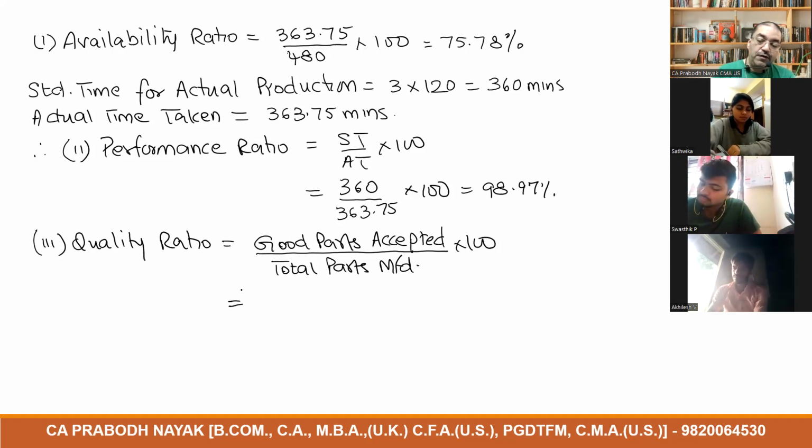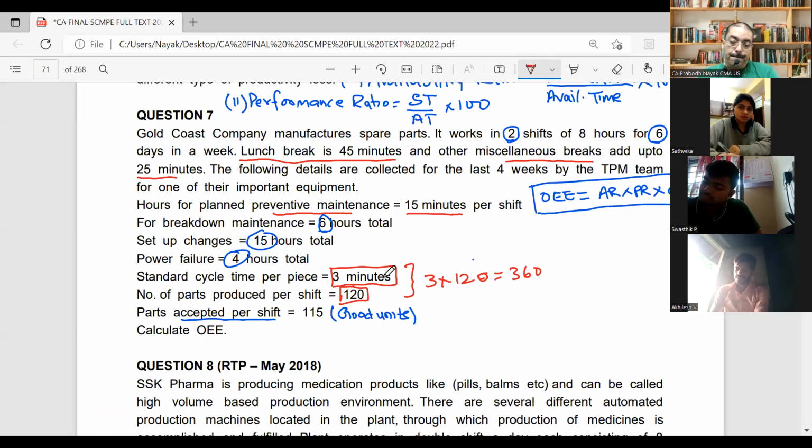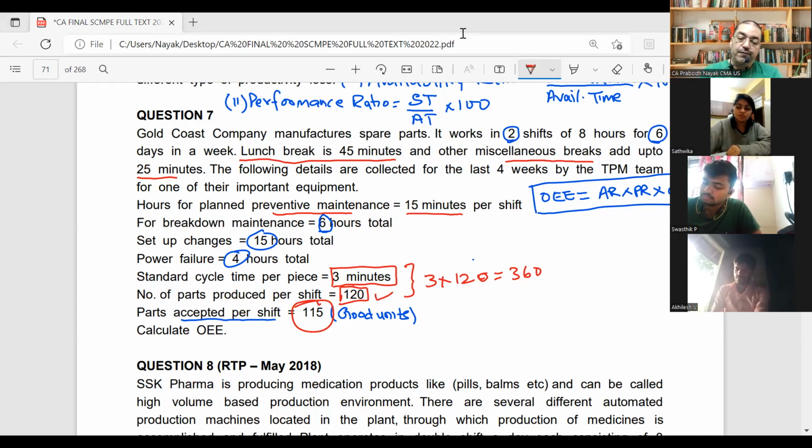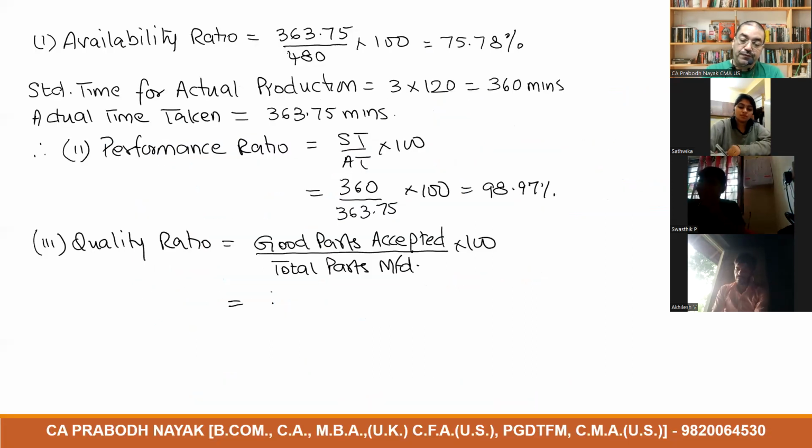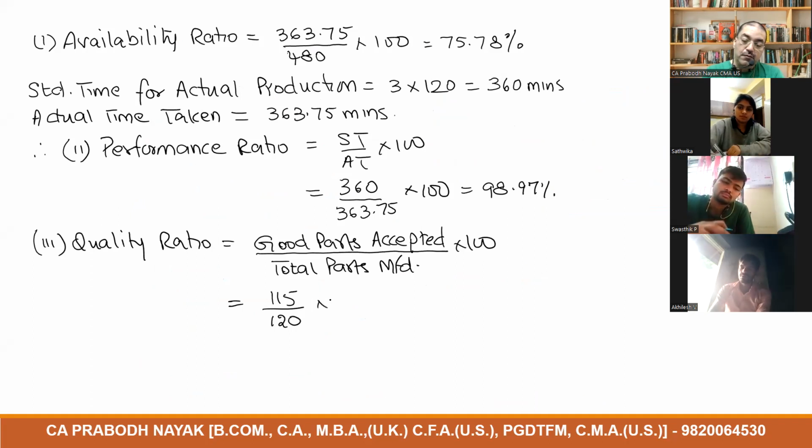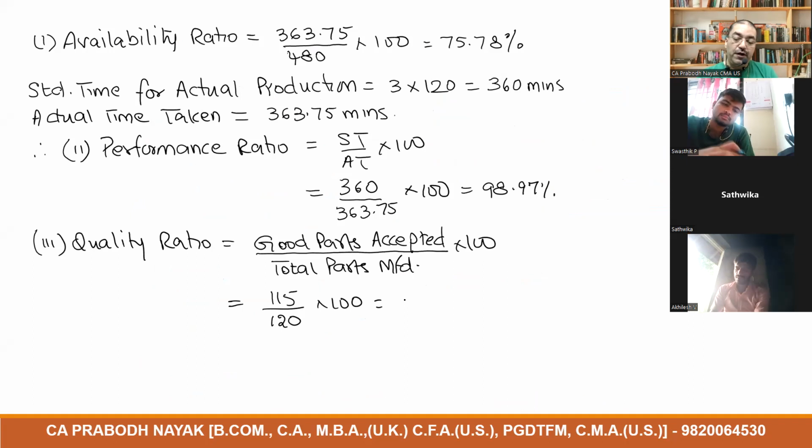How many good parts are there? Accepted 115. Actual is 120. So 115 by 120, that is 95.8.